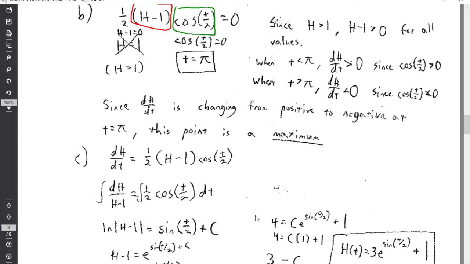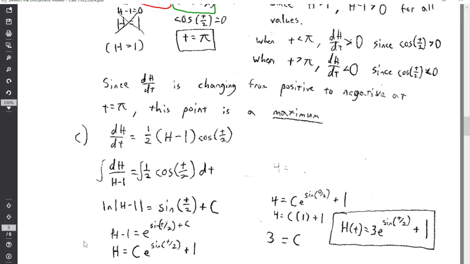So now we have the entire right side up in the exponent, which we're going to say is e to the sine of t over 2 times e to the c, and e to a constant is still a constant. So that's how this constant winds up out in front. And then add 1 to both sides.